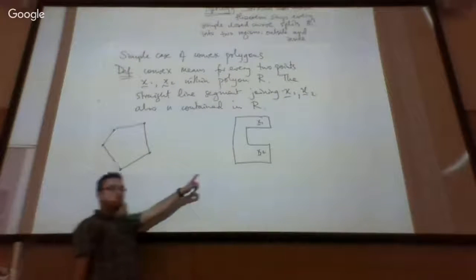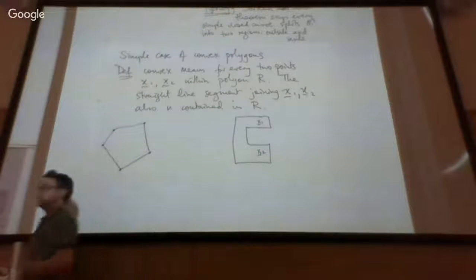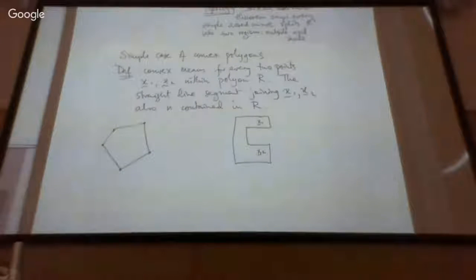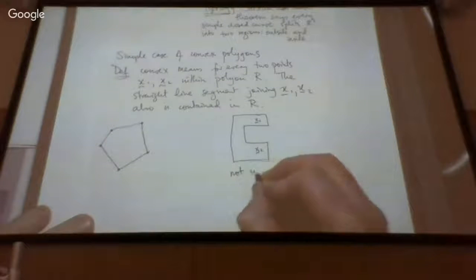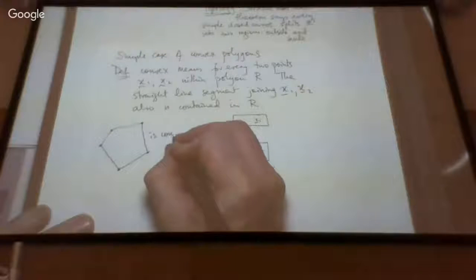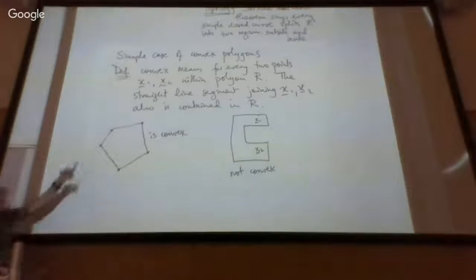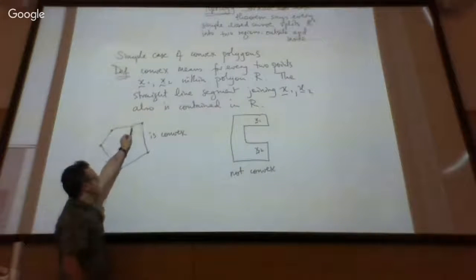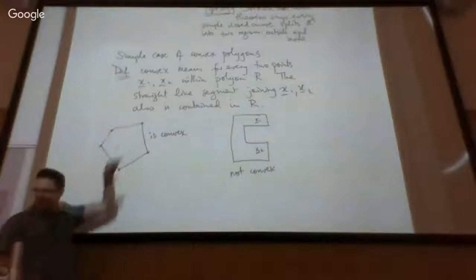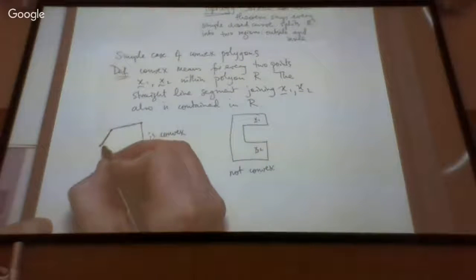The straight line between those is not all within the polygon. Some of it goes outside the polygon. So this is not convex, but this is convex. This appears to be, I think, a straight line. Maybe this little inward wobble here actually makes it non-convex, but these are actually nice straight line pieces. And it's convex.